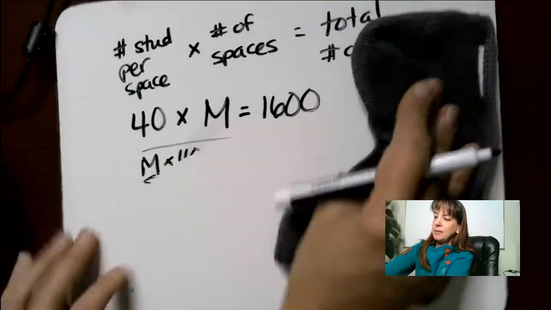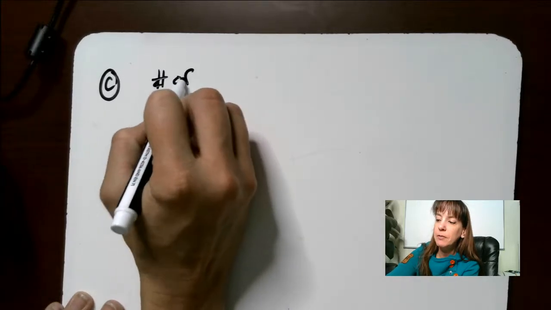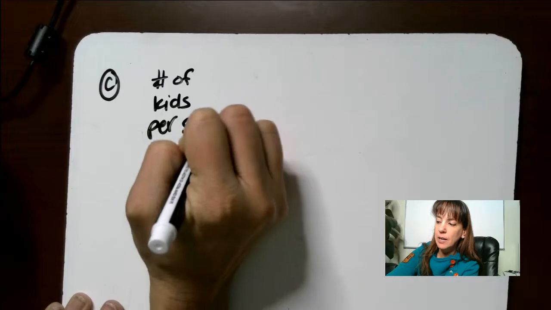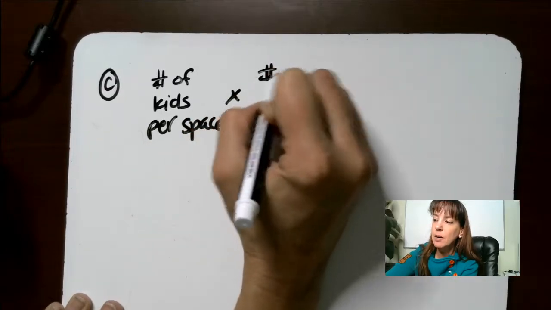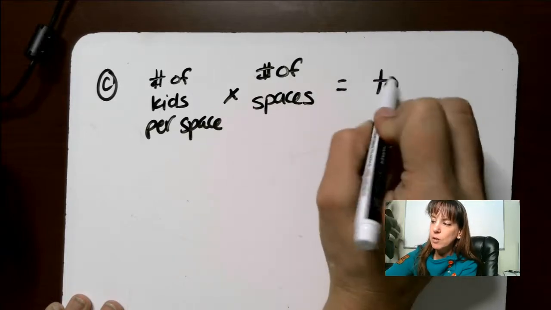All right, so let's see about C. There were 148 kids that had to be crowded as evenly as possible into 8 spaces. How many kids were in each space? Okay, so number of kids per space, right, times number of spaces equals total number of kids.